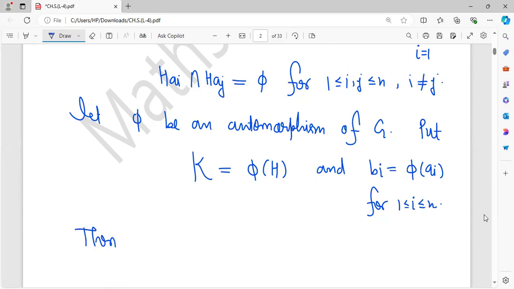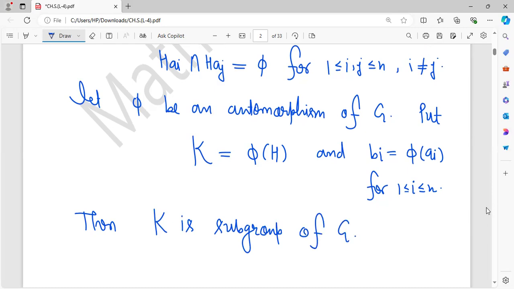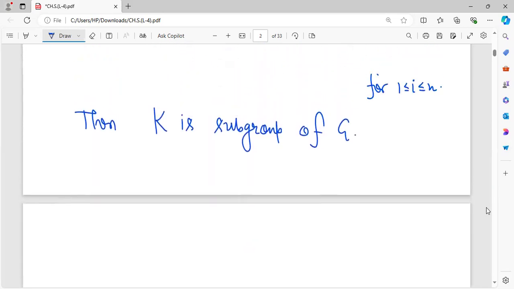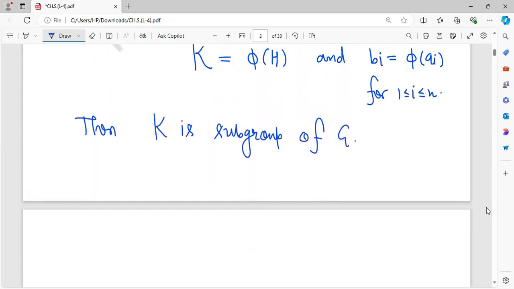Then K is a subgroup of G, because the image of a subgroup is a subgroup under an isomorphism.